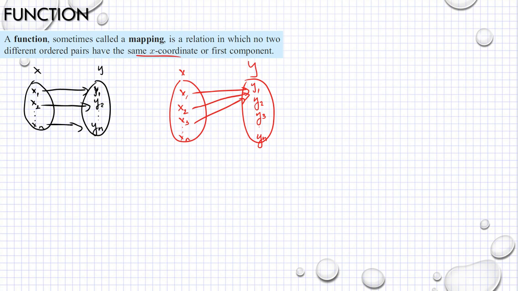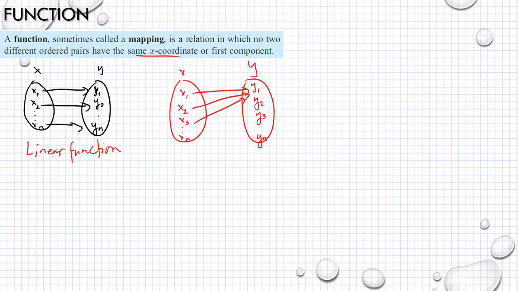Okay? And there are a lot of functions. This is what we call the linear function. And this now is the polynomial function.